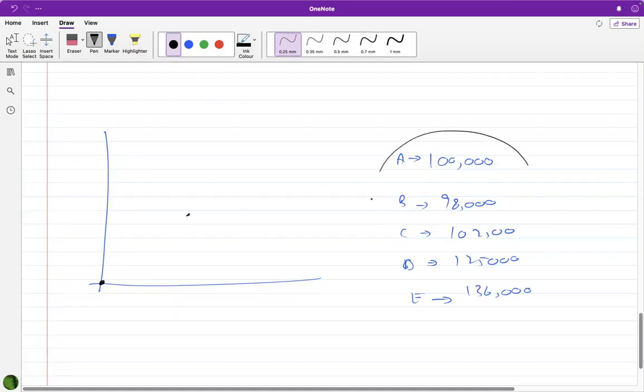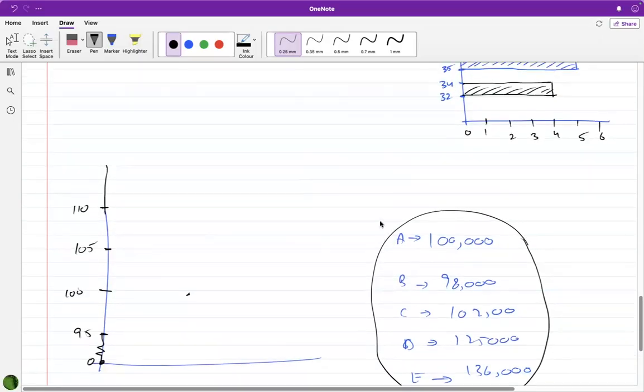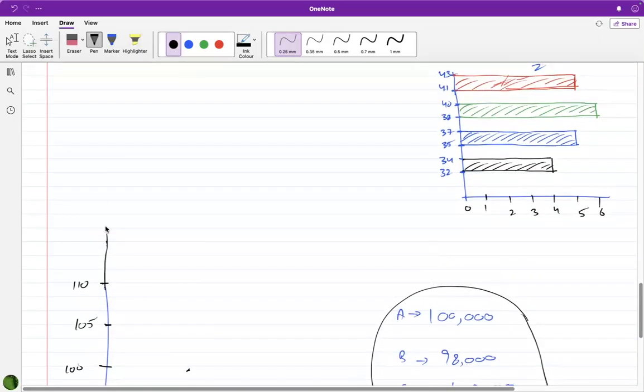I can see that the lowest value is 98. What if I just start my graph from 95? So I can say this is 0 and I draw a jag line and start my graph from 95, because now I can stretch my graph. If this is 95, let me say that's 100, that is 105, and that is 110, and my values lie till 136.